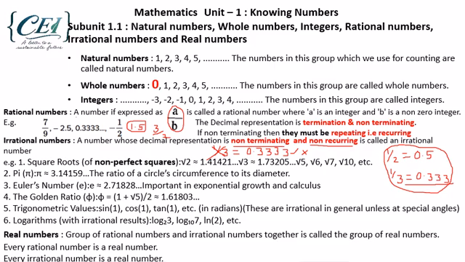So the difference between rational and irrational is that a rational number is terminating or non-terminating, whereas an irrational number has only one character, that is non-terminating. Rational numbers are repeating and recurring. Irrational numbers are non-recurring.